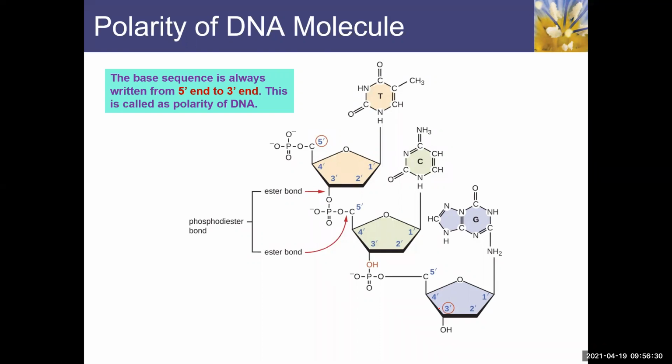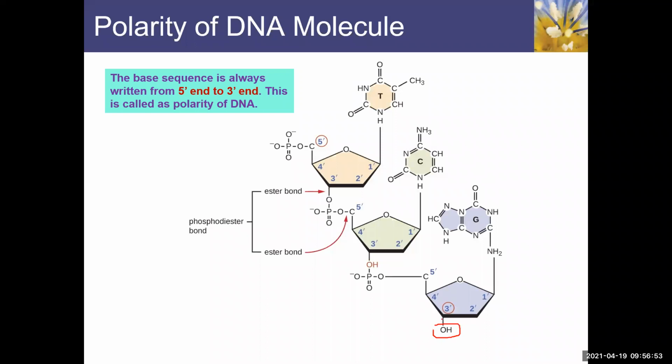If you look at this DNA, this is a polynucleotide strand. Always remember, the 3' end is the 3-carbon end of the pentose sugar, which is attached to an OH group.